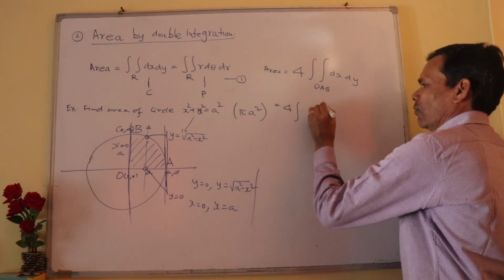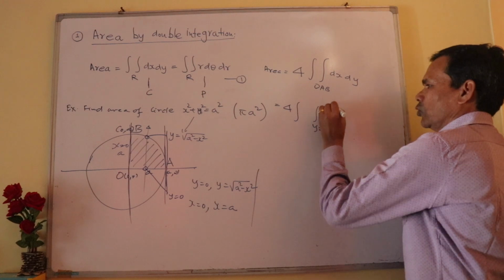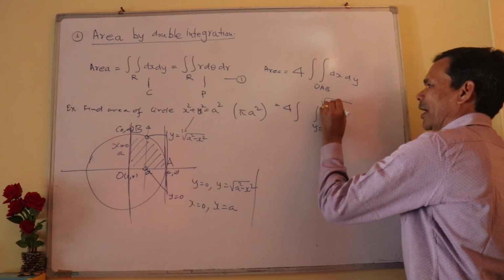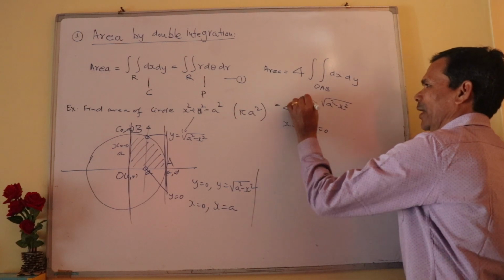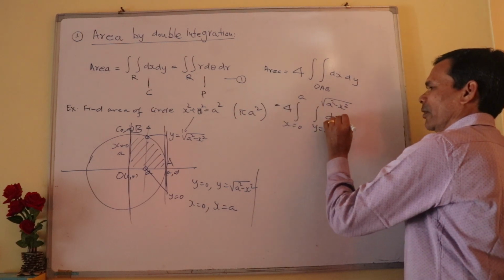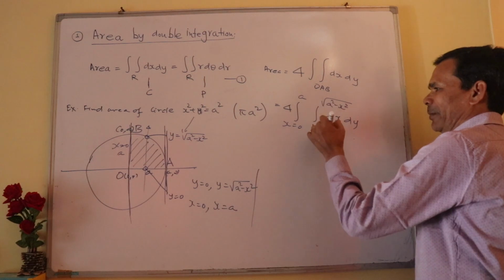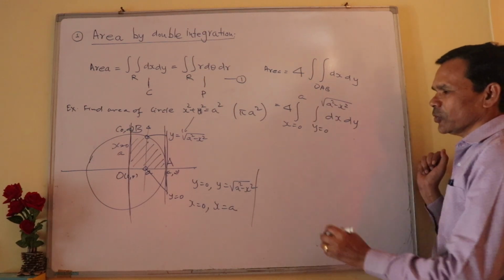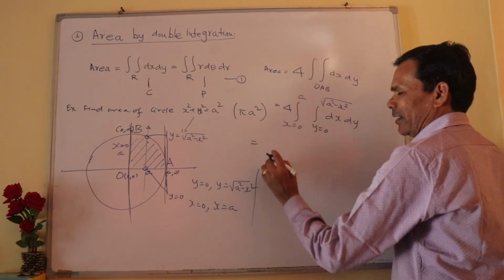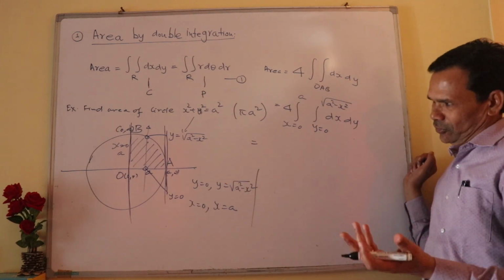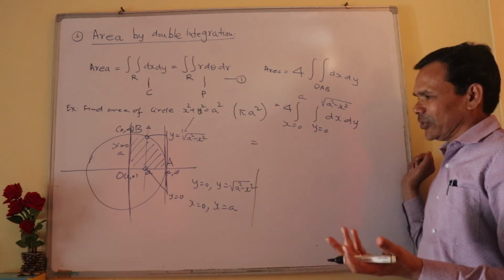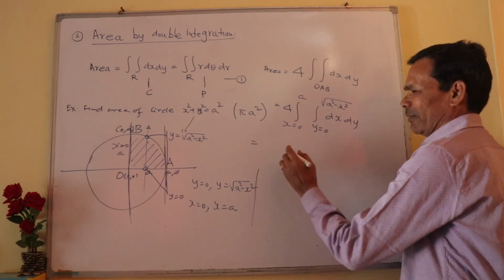4 times y is equal to 0 to root of a square minus x square, x is equal to 0 to a, dx dy. So y having variable limits, therefore we integrate with respect to y first, and if you take a horizontal strip, then we integrate with respect to x first. So it does not make any difference there.